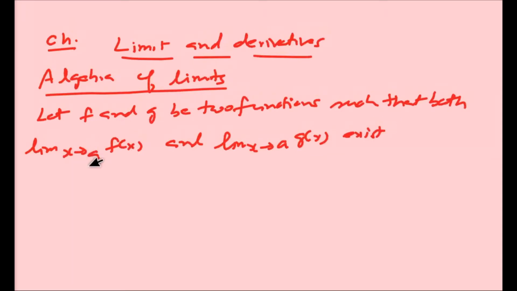Now we have taken here the same limit, x tends towards a. Then we can say, as I have explained, what is the meaning of algebra: addition, subtraction, multiplication and division. So the limit of the sum of two functions is the sum of the limits of the functions.